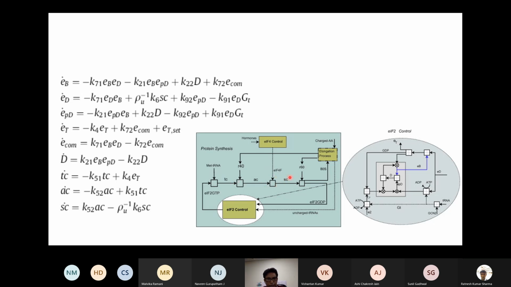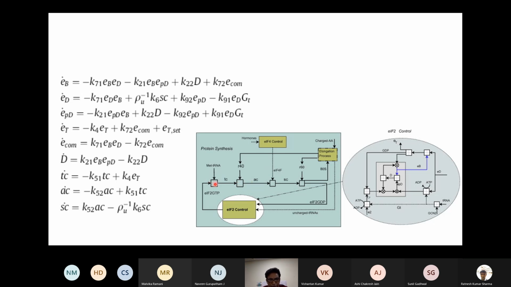And then you have another, the rate at which TC is going to synthesize this, and that is dependent upon 5, 1. I don't know, maybe there's some other way of notating here. We have to go back and look. But anyway, there is a unique way of numbering this, and you could essentially go back.